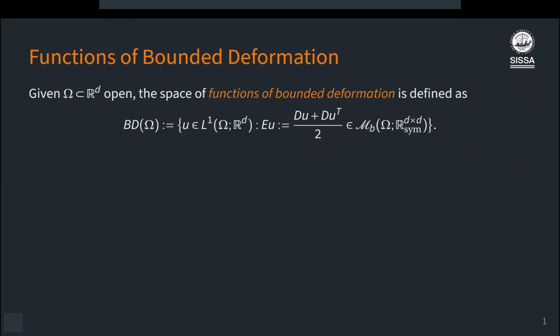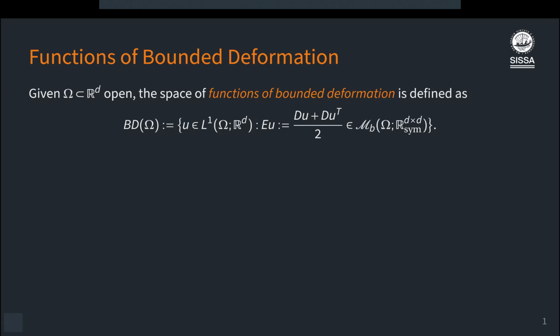The definition of functions of bounded deformation is very close in spirit to that of BV functions, for those of you who have seen it, which are defined as L1 functions such that the distributional derivative is not, as in the case of Sobolev functions, a gradient, but just a bounded Radon measure.